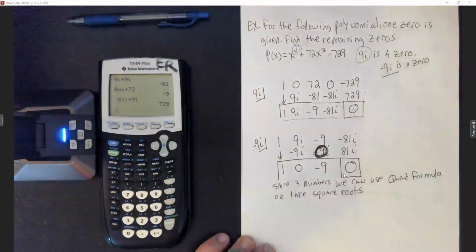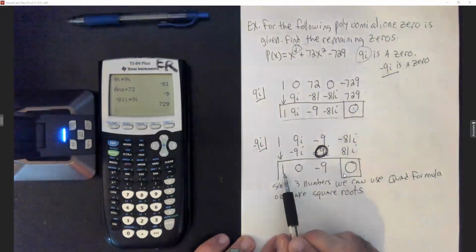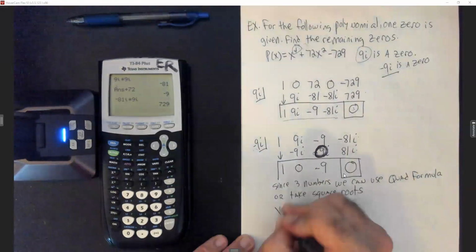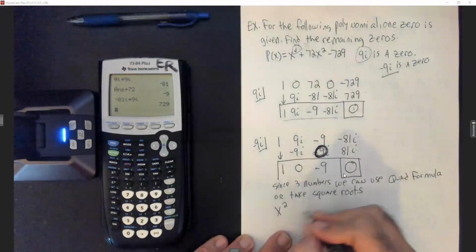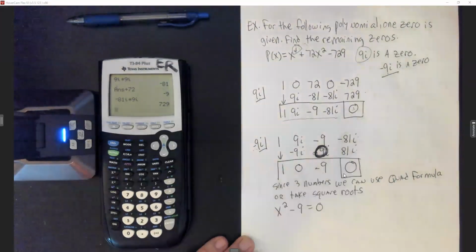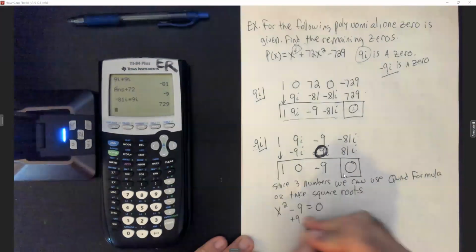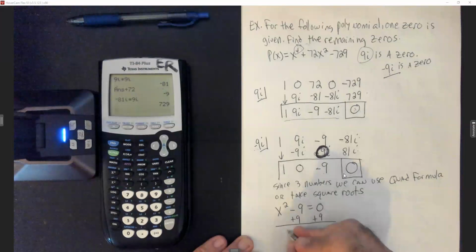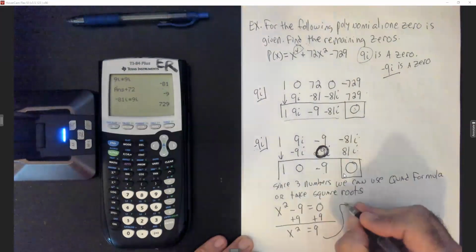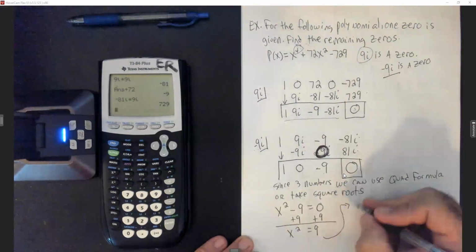Remember, this would be the x squared term, the x term, and then your number. So you would have x squared plus 0x minus 9 equal to 0. To solve that, add 9 to both sides. I get x squared equals 9. Then I would take square roots of both sides.